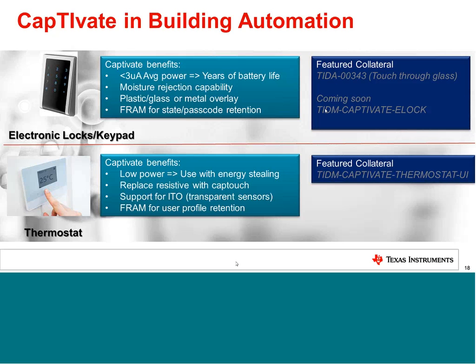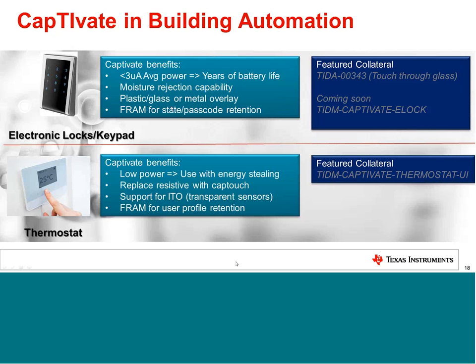how can you make it very reliable? And also, of course, there are other designs that we have which talk about ability for touch buttons to work through very thick glass. And also we have design guides which are going to come out soon on metal overlay. Metal overlay, we have not fully released all our collateral yet, but very soon you'll see applications on metal overlay.